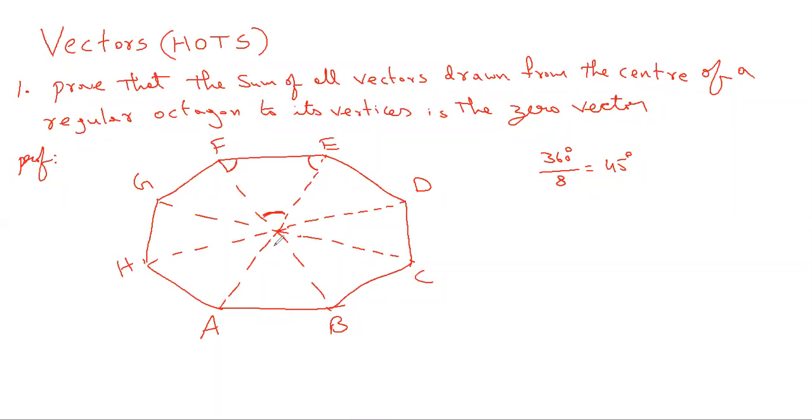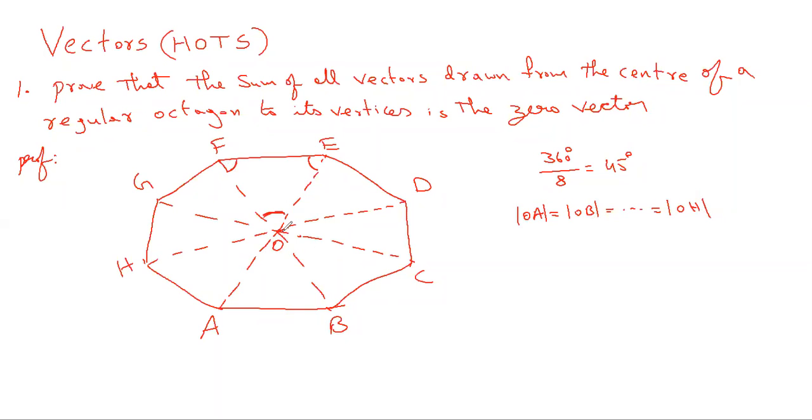If you call the middle point O, the point you need to understand is that the magnitudes of OA and OB and so on up to OH are all equal.